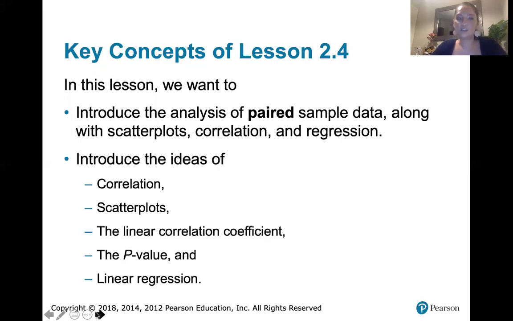And then we're going to introduce the ideas of correlation, scatterplots, linear correlation coefficient, p-value, and linear regression. Again, this is just an introduction, and we're going to get into more depth with these ideas in Chapter 10 after we've studied a lot more statistics and we can provide a better background for it.